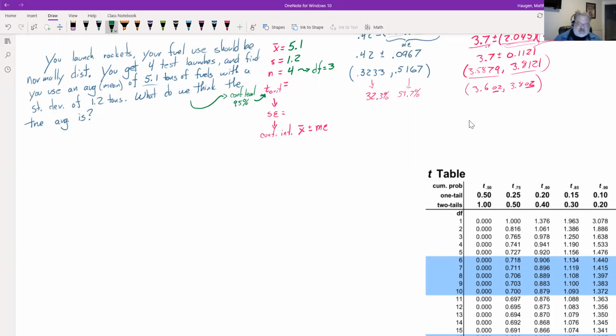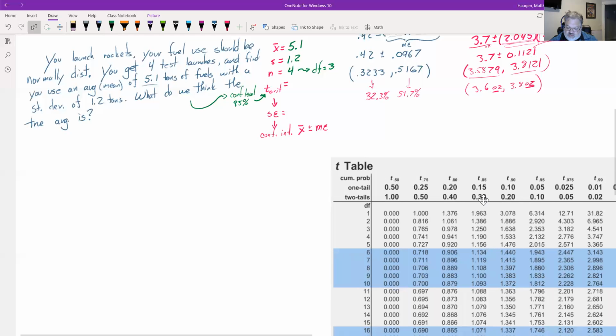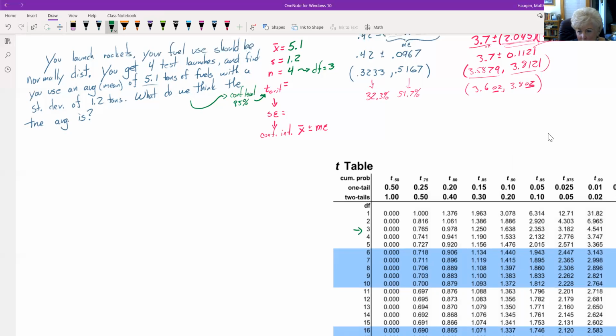So 95% at degrees of freedom of 3. Go to our nice little chart. 3.18. We have to be careful of overreading that.